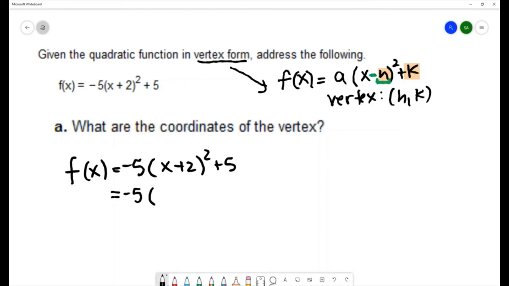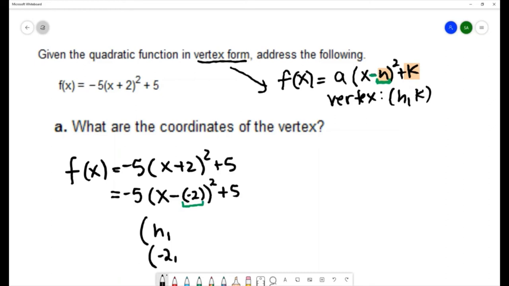Every addition can be written as subtraction in the following way: you could write x minus a negative, and when you subtract a negative, that's the same thing as adding. So now I can see that the value following the minus sign is -2, and that's going to be h. -2 is the x-coordinate of the vertex.